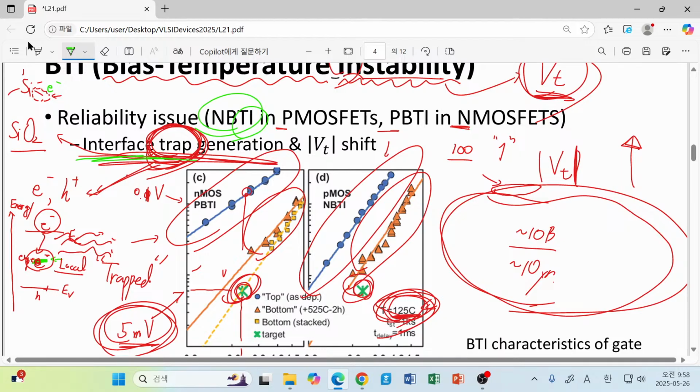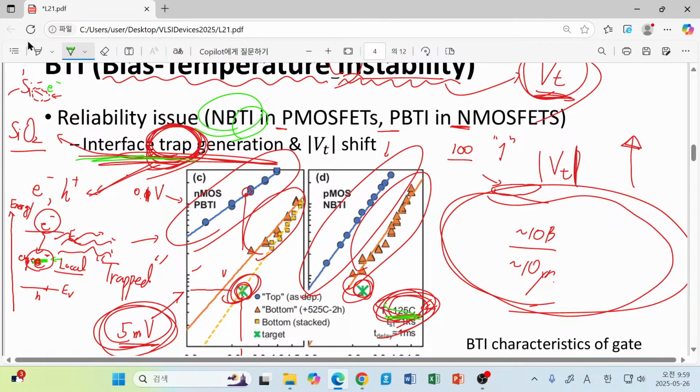It means that all of the atoms inside our devices are dancing. At room temperature, they are just staying. But since we elevate the temperature up to 125 degrees, the atoms themselves are thermally excited. So they are easy to move in this case.